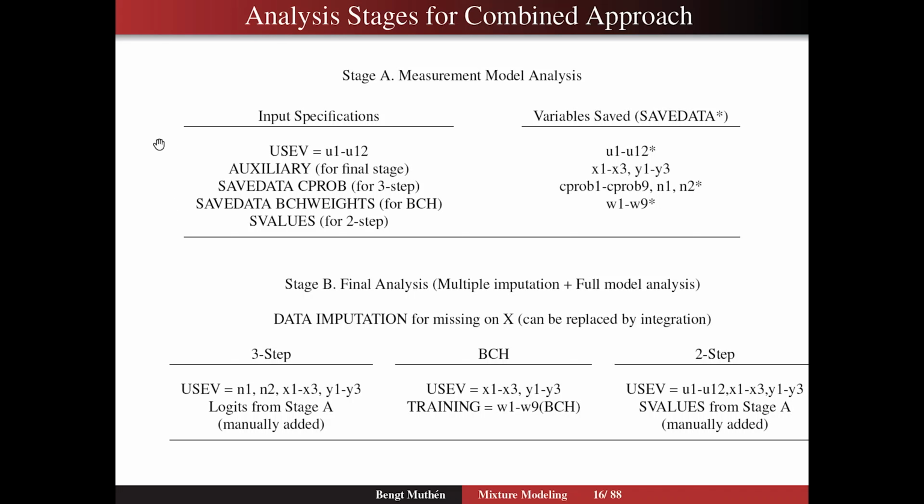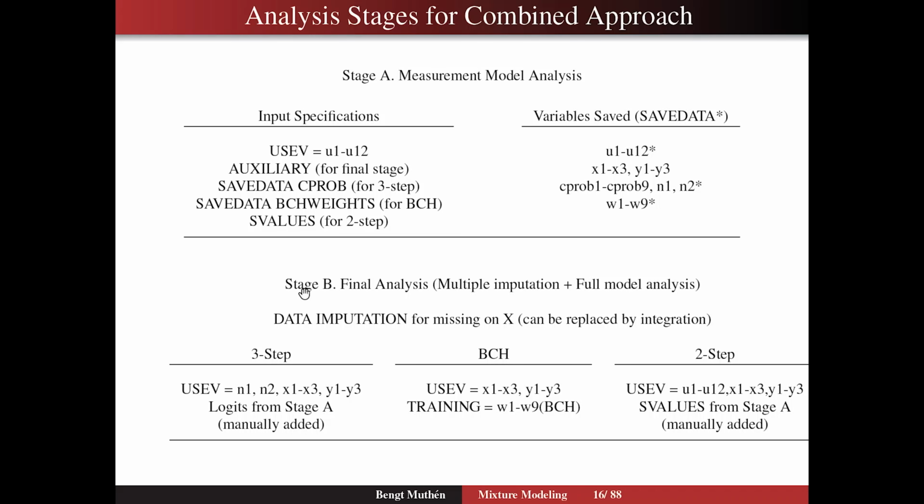Slide 16 shows a useful summary of the different steps, and this is geared towards handling missing data on the covariates. And we're going to talk about 2 stages of analysis: the measurement model stage and the final analysis stage.